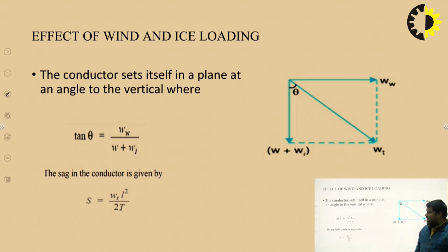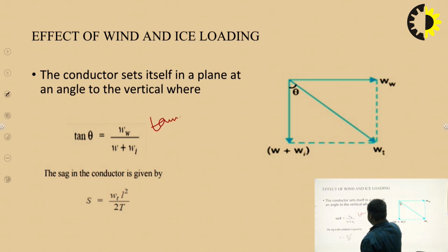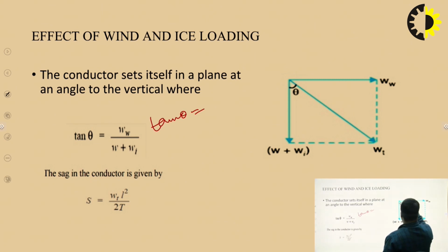So the conductor sets itself in a plane at an angle to the vertical, where tan theta, what is tan theta? We can see W wind divided by (W plus WI).